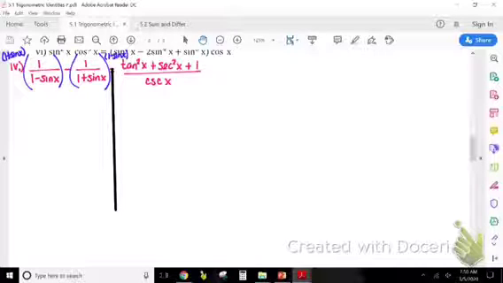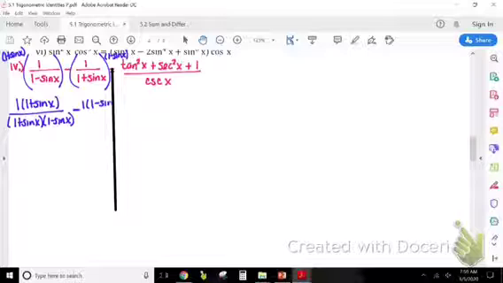So we get 1 plus sine of x times 1 over 1 plus sine of x times 1 minus sine of x, minus, and then the second one I've got 1 times 1 minus sine of x over 1 plus sine of x times 1 minus sine of x.